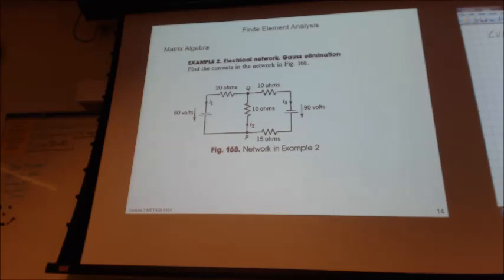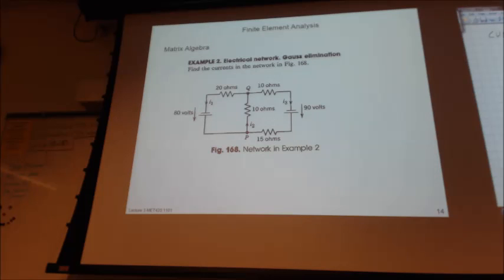Well, 25 at I3 and 10 at I2, right? That'd be series. Does that make sense? So I have 10 at I2 and 25 at I3.